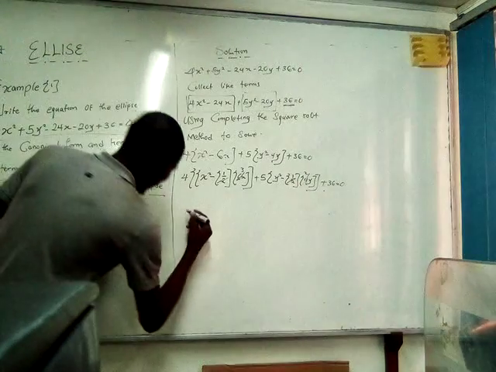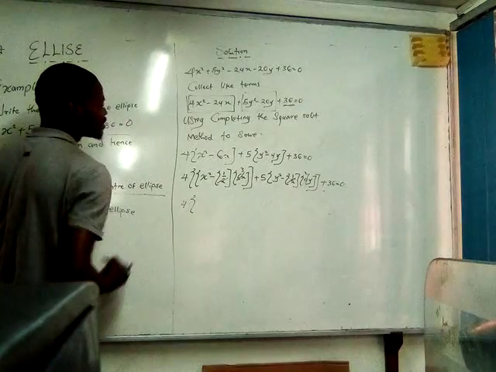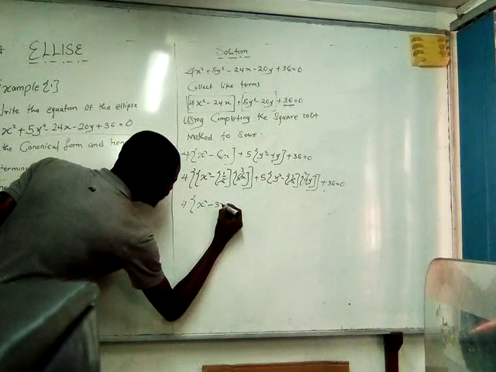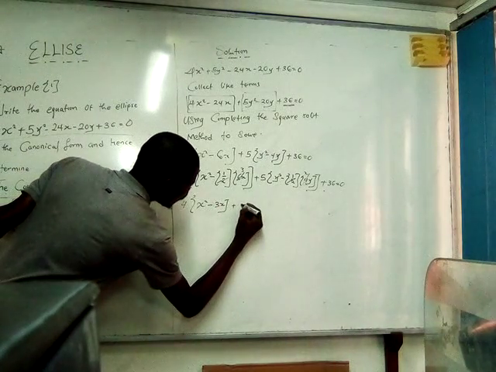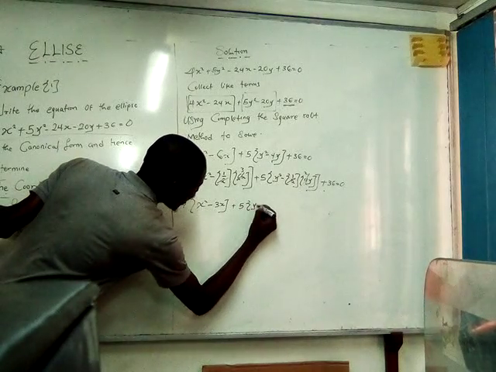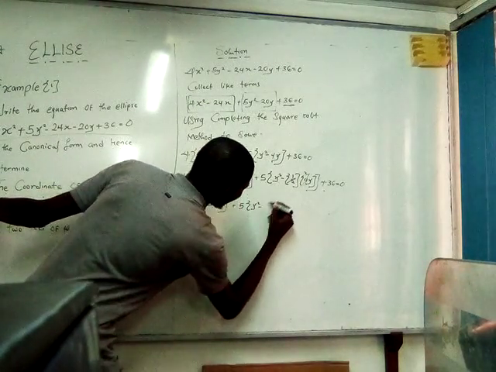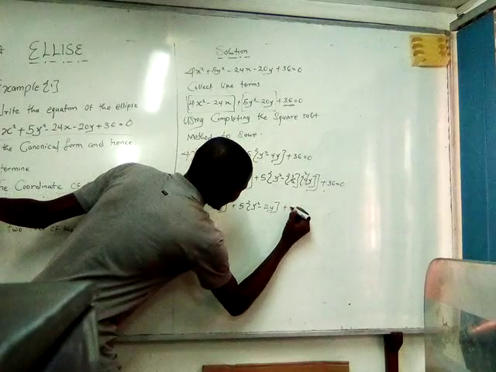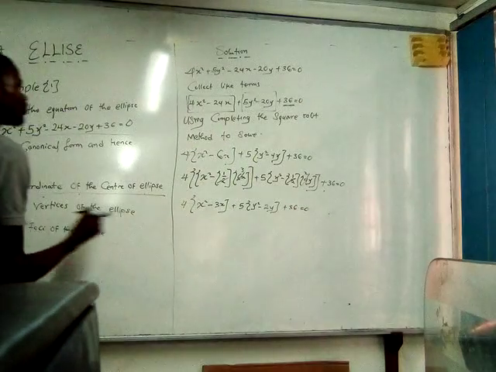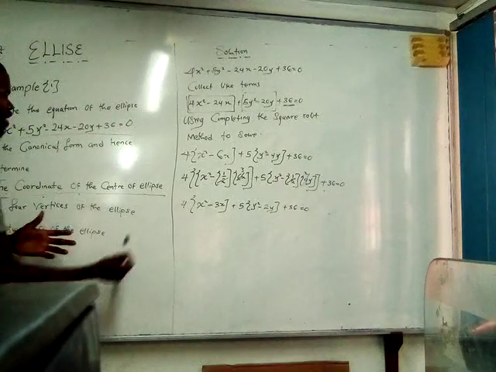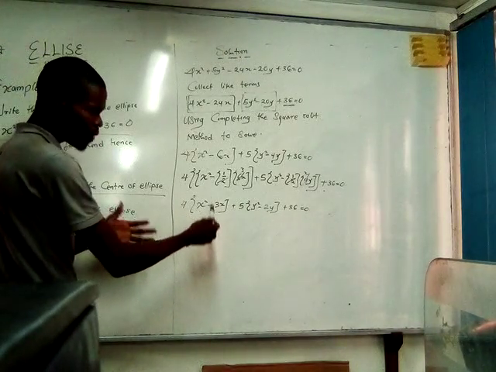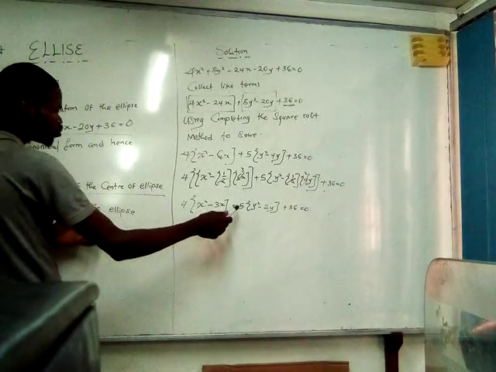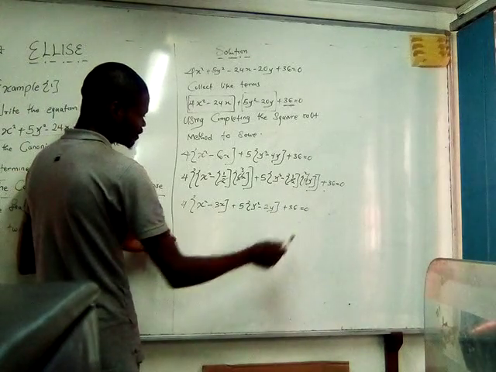We are going to have 4 open bracket x squared minus 3x close bracket plus 5 open bracket y squared minus 2y close bracket plus 36 equals 0.